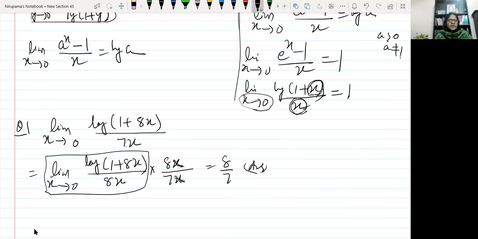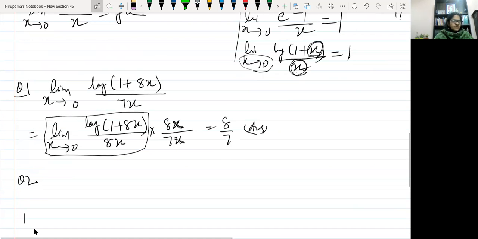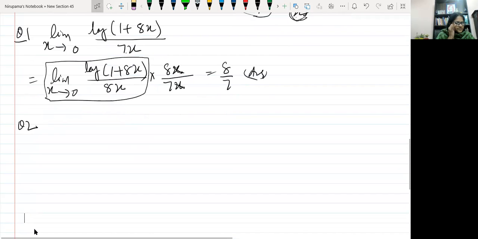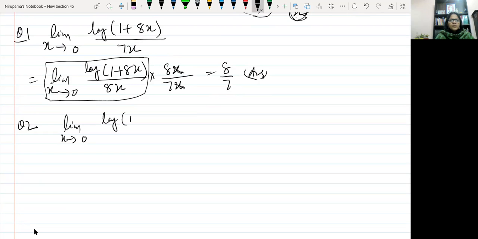Second question. So quickly we can take 5-6 questions. Now the next one: limit x approaches 0, log 1 plus x square divided by tan square x. Log 1 plus x by x is the standard form, and x approaches 0.